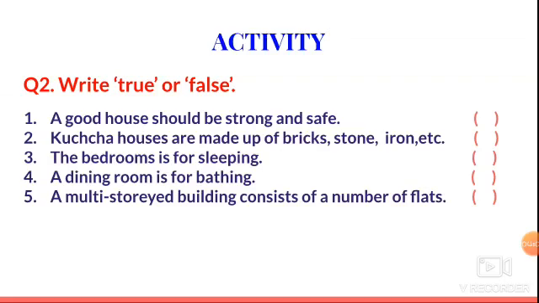The next one is: a dining room is for bathing. And the last point is: a multi-storied building consists of a number of flats. So you have to give the answers whether the statement is true or false.